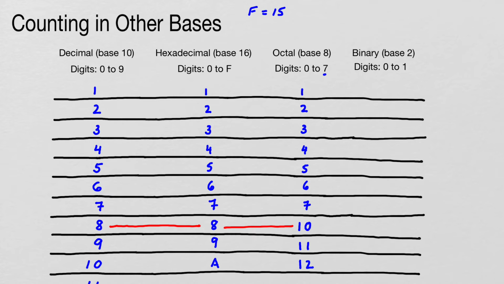Now let's take a look at binary. These numbers require a lot of symbols because our largest digit is 1. We only have digits 0 and 1. So when I start, I have 1, and that was my largest digit.